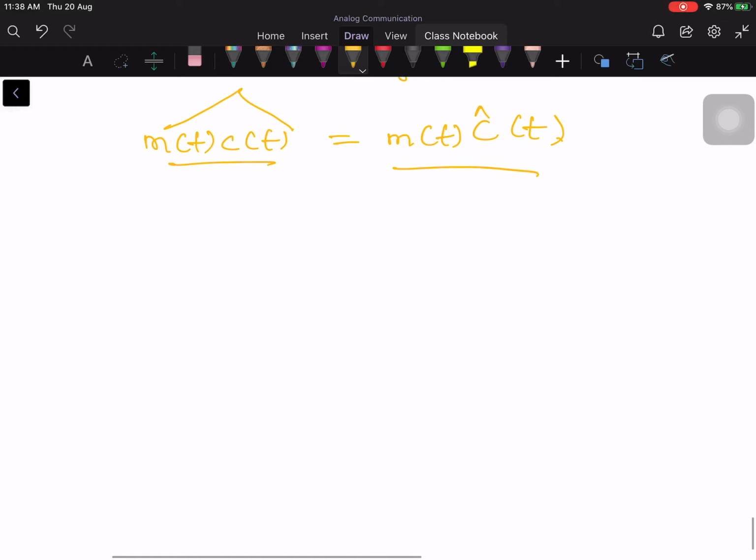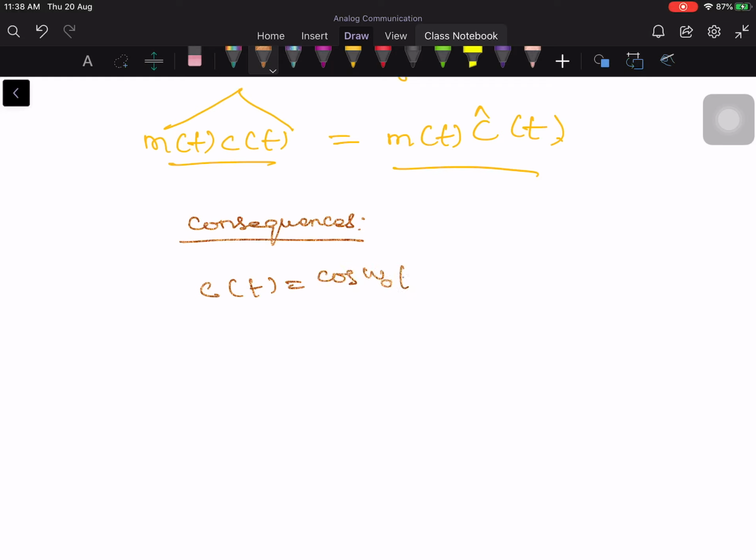So now there are some corollaries for this. There are certain things we can derive from this property of m of t times c of t. Let us assume c of t is equal to some sinusoidal signal like cos of omega naught t, where omega naught is, let's say, a high frequency, let's say 550 kilohertz. Now what happens?